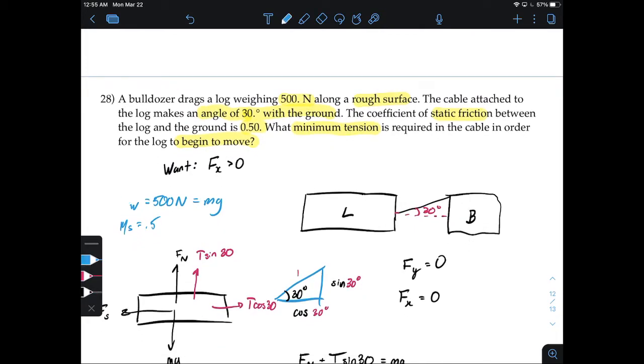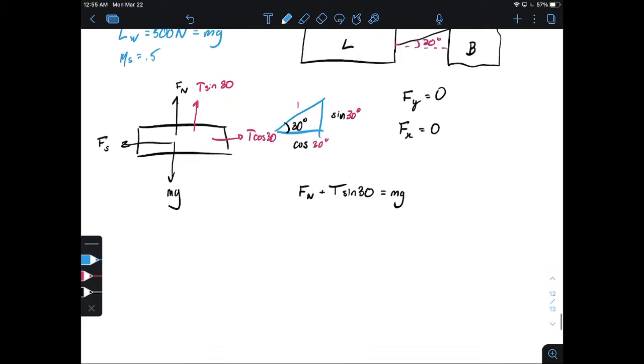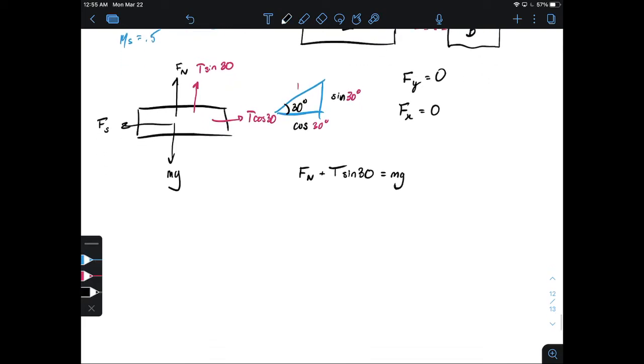I'm making some mistakes. Forgive me. We're going to write this in terms of Fn: Fn equals mg, which is 500, minus T sine 30.